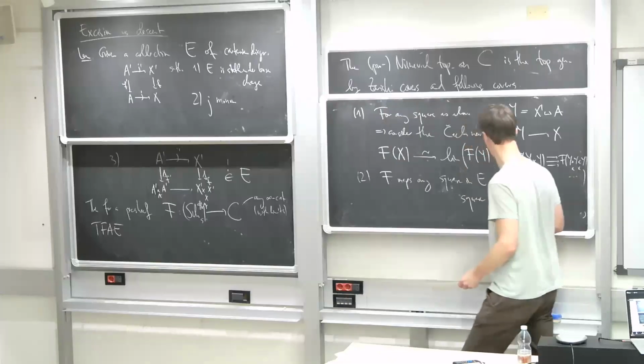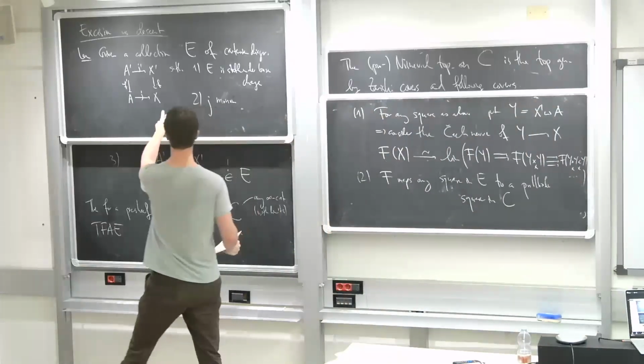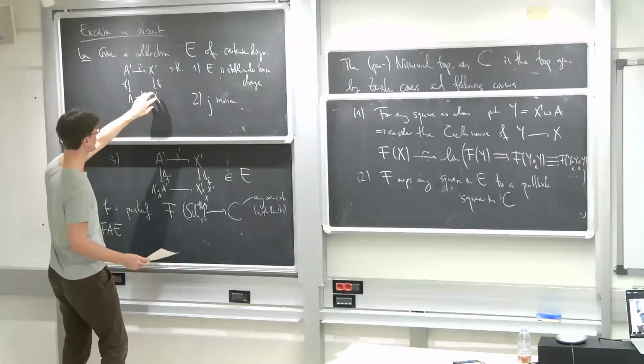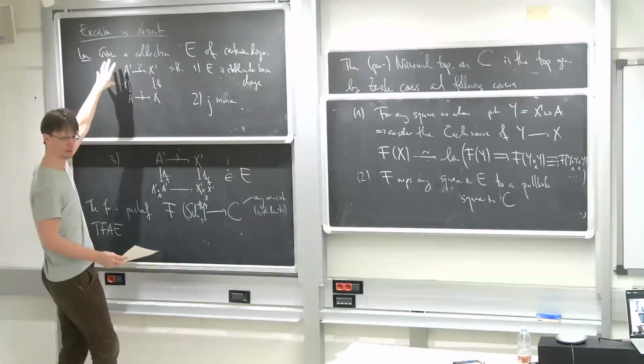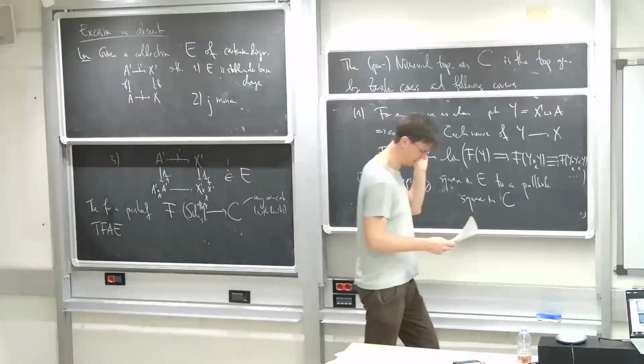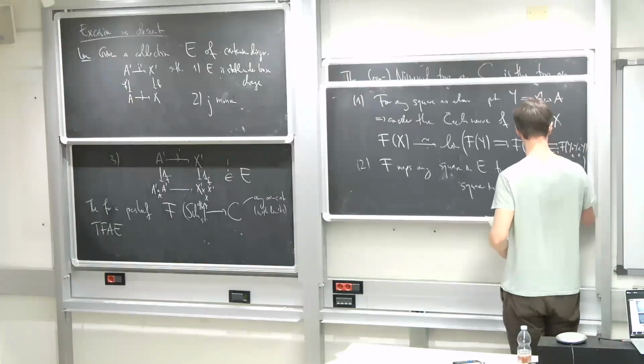Yeah? So in other words, f of x maps to f of a, f of x prime, f of a prime, and we want f of x to be the pullback of the diagram of the other three things. So it's really just four objects that come up. And that is an easier condition, and this is called excision.